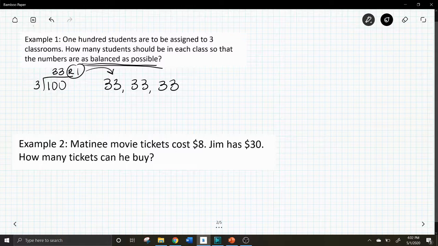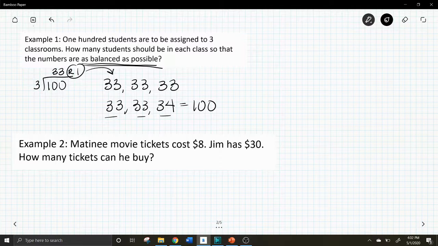We would say we have 33 in one class, 33 in another, and 34 in the last, because that equals 100, and this is as balanced as we could possibly get. So we just threw the remainder in with one of our groups of 33. That's one way that you'll use remainder information in a situation like this.